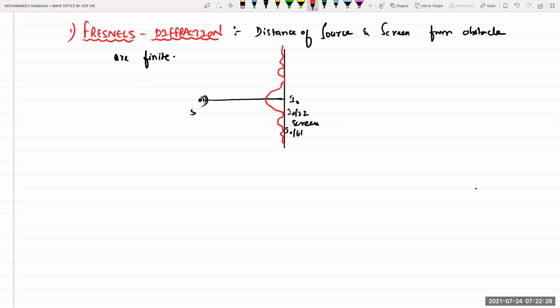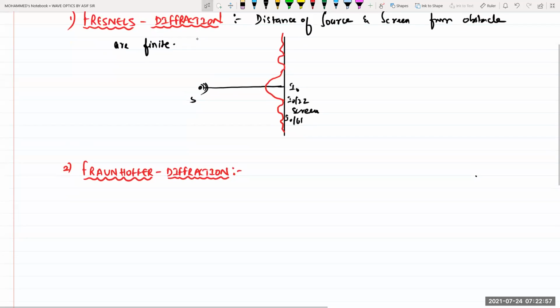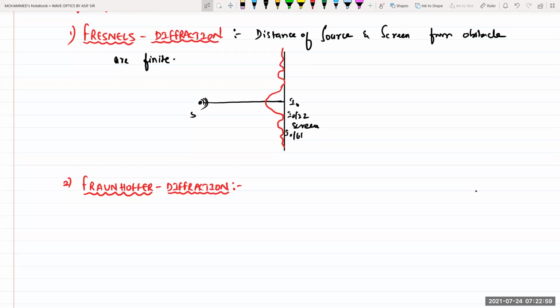So, next one is Fraunhofer diffraction. That means the distances of the source and screen from the obstacle are infinite in this one.